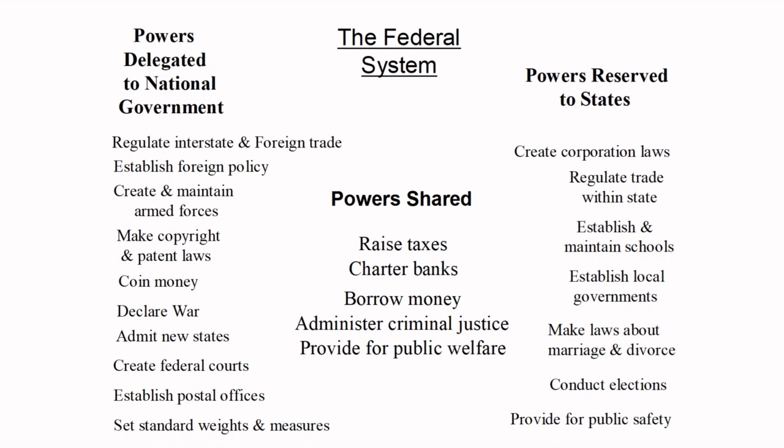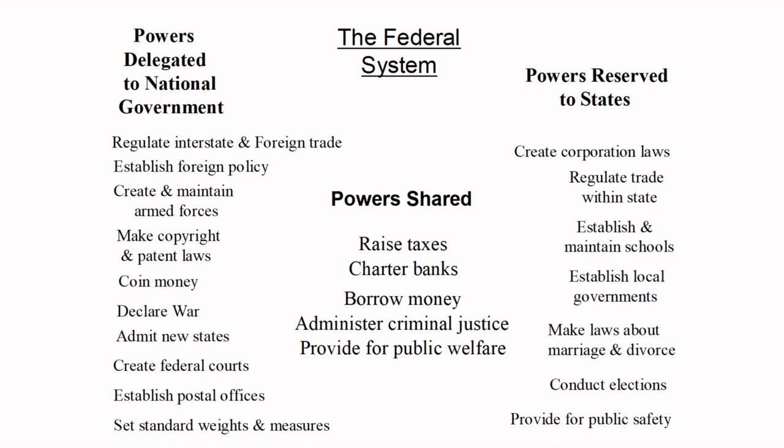Some of the powers that the Constitution vests with the national government include the regulation of interstate commerce, the establishment of foreign policy, the creation and direction of the armed forces, intellectual property law such as copyright and patent, the power to coin money, the power to declare war, the power to admit new states into the Union, the power to create and staff federal courts, the power to establish the post office, and the power to set standard weights and measurements.